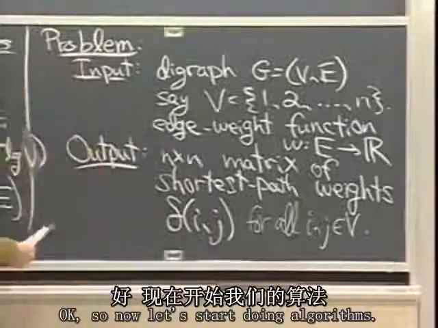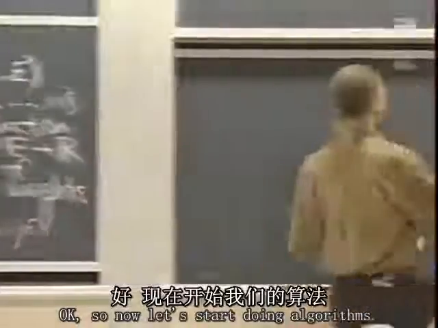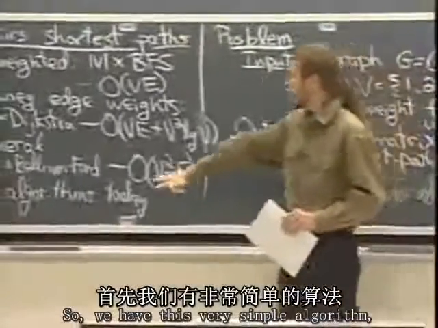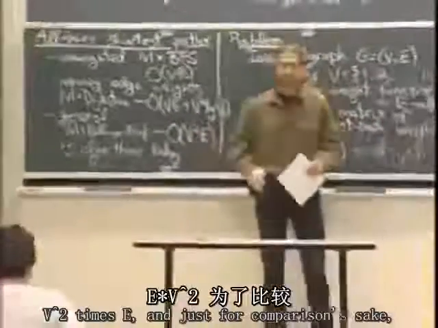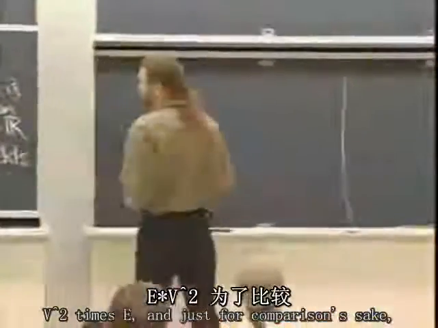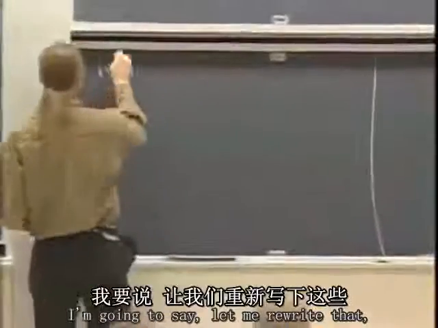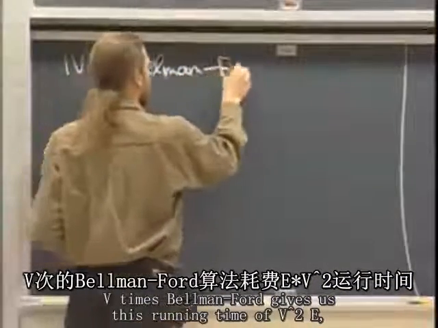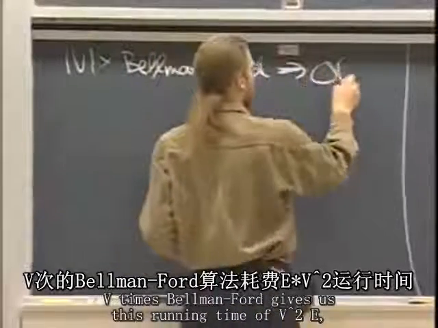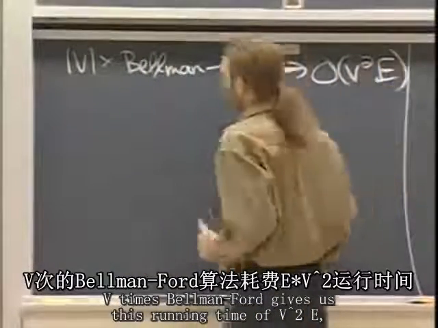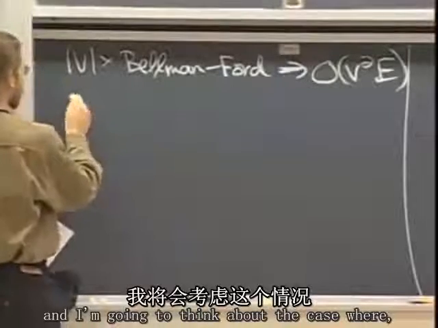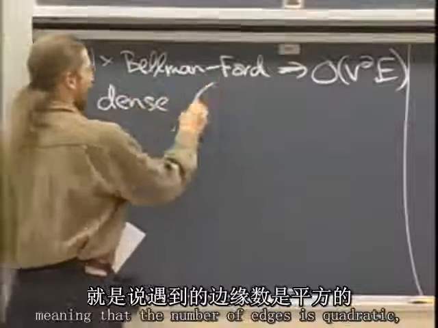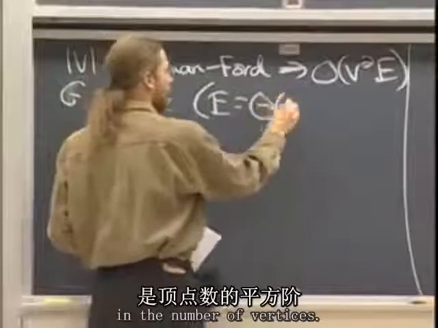Okay, so now let's start doing algorithms. So we have this very simple algorithm, V times Bellman-Ford, and just for comparison sake, let me rewrite that: V times Bellman-Ford gives us this running time of V squared E. And I'm going to think about the case where, let's just say that the graph is dense, meaning that the number of edges is quadratic in the number of vertices.